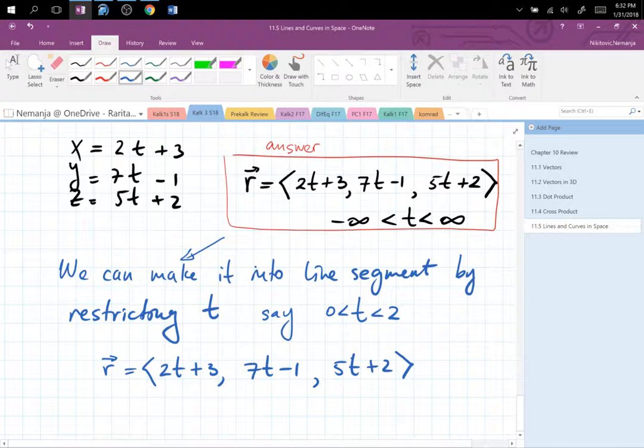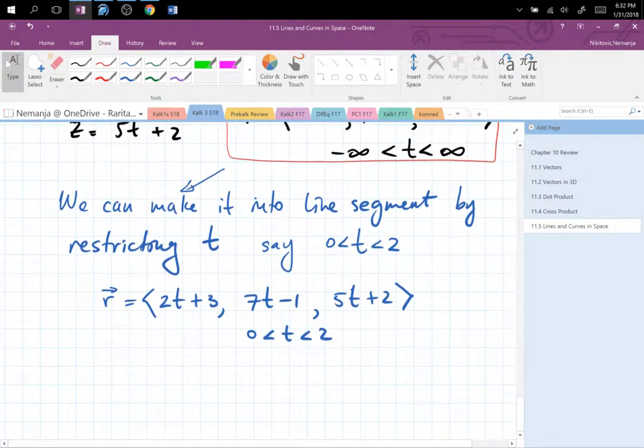And you would have to include 0 less than t less than 2. Now, if this is the case, we have endpoints.